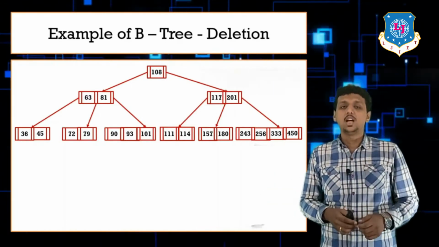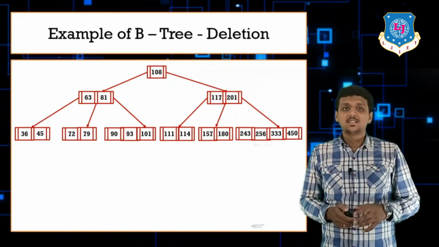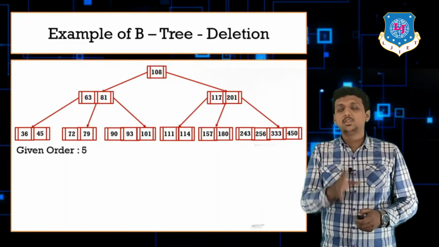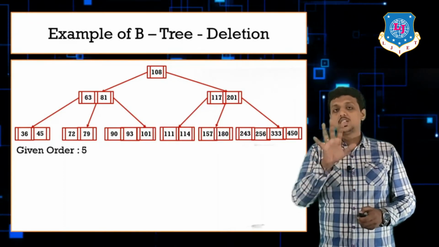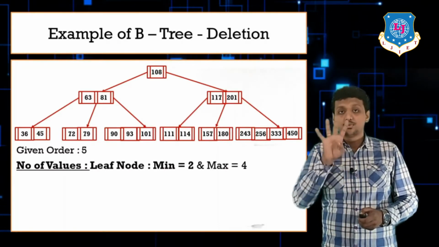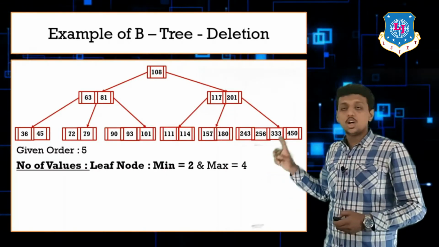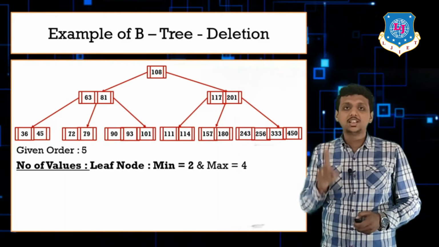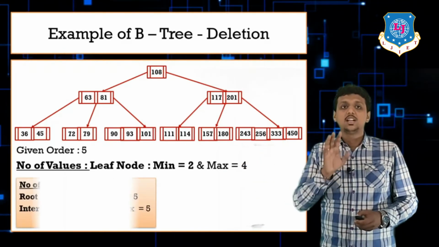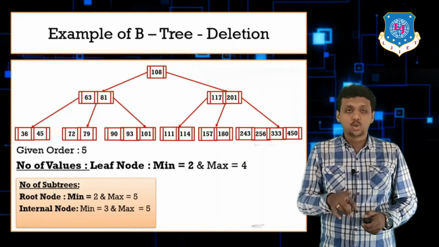Fine. Now let's see first the order of this B tree. So students, the given order here is 5, so the maximum values you can insert here is 4. Now, according to the formulas of subtrees and minimum values, I am giving a short overview of where we need to apply those rules.